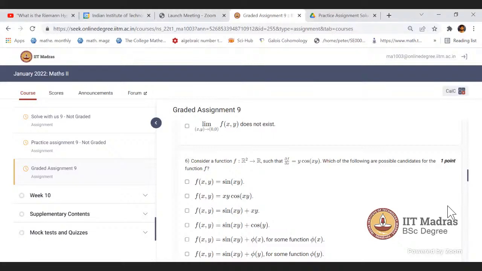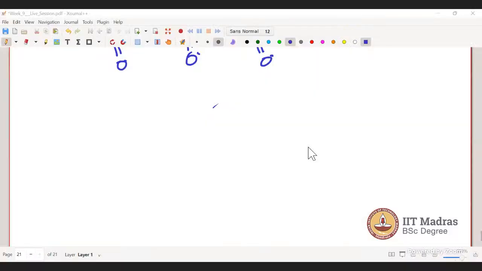AQ 9.1, sir. Yes, I'm coming to that. Let me share my screen. AQ 9.1, 6th question.